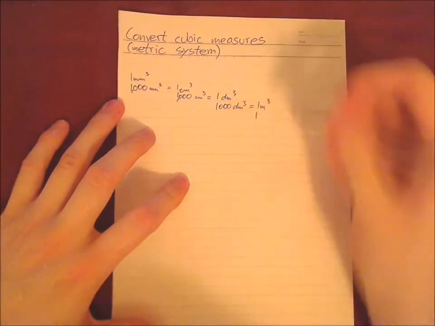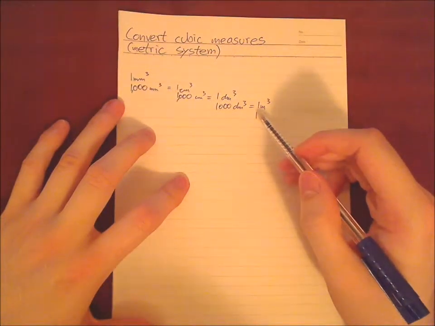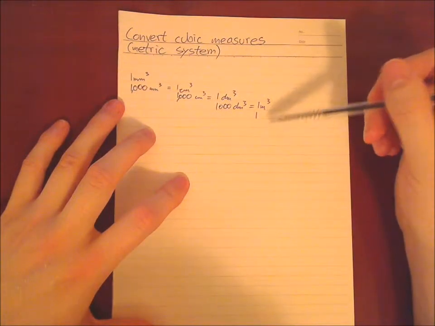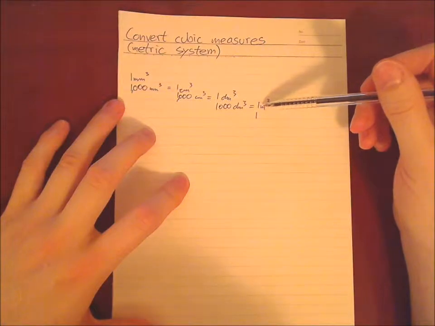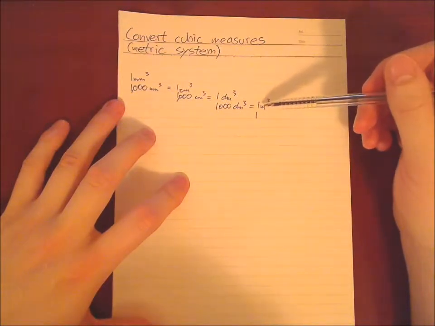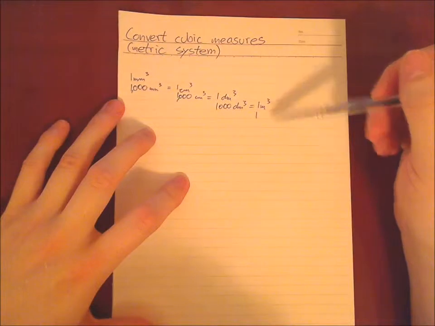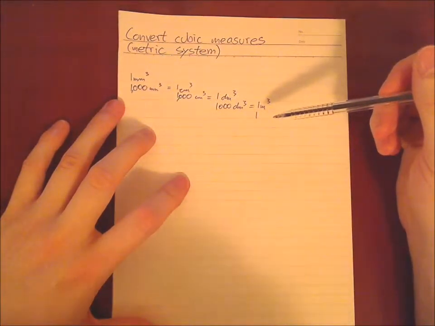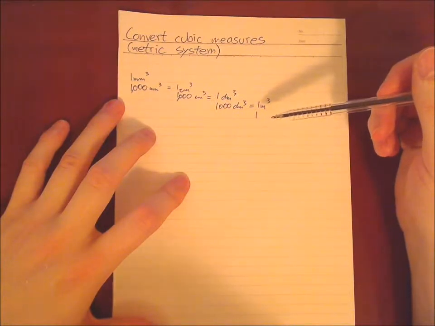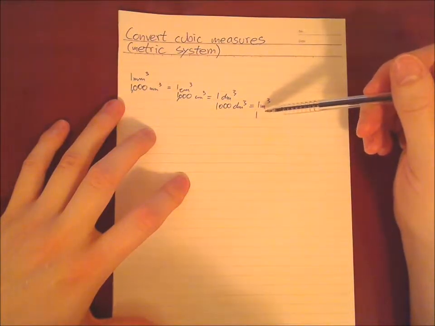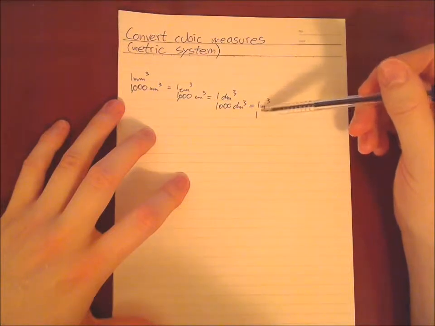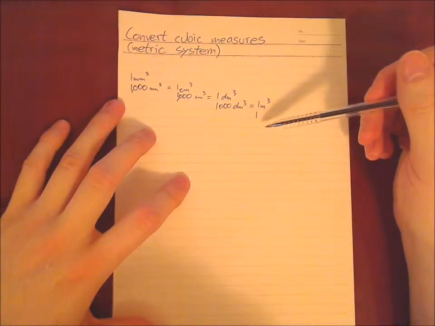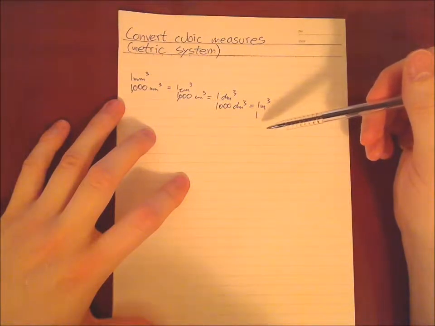Now, the thing is, as with lengths or with areas, there are 2 measures between meters and kilometers, and with cubic measures, the 2 measures in between are even more rare than in area calculus or length calculus. So this time I will omit those 2 measures and just go straight for the cubic kilometer, since it's also very rare. I mean, when do you use a cubic kilometer? It's so big.